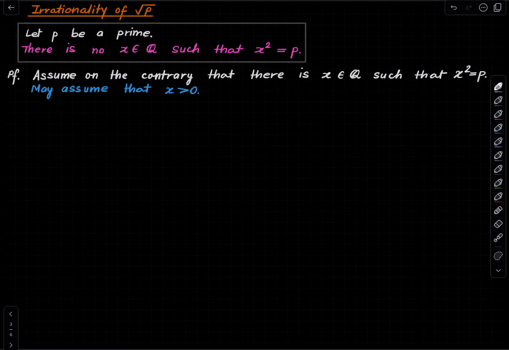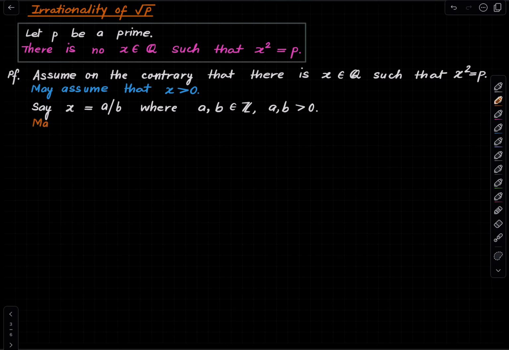If it is a rational number, you can always express it as a ratio of two integers. Let's say x equals a by b, where a and b are positive integers. Any positive rational can be expressed as the ratio of two positive integers, but more importantly, we may also assume that a and b are relatively prime. So that's the crucial thing.